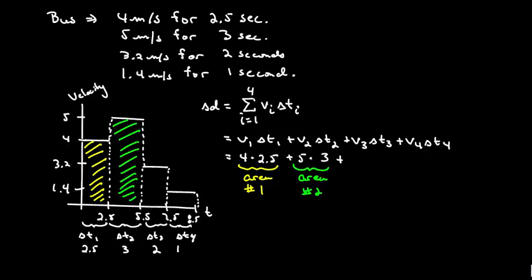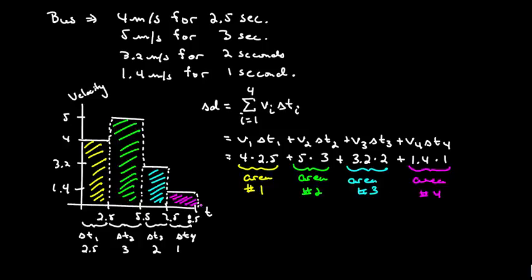And now velocity 3 is 3.2, and its change in time is 2 seconds. This right here is area number 3. And of course we have one more. Velocity 4 is 1.4, the change in time is just 1, and that whole piece is area number 4 on the graph.